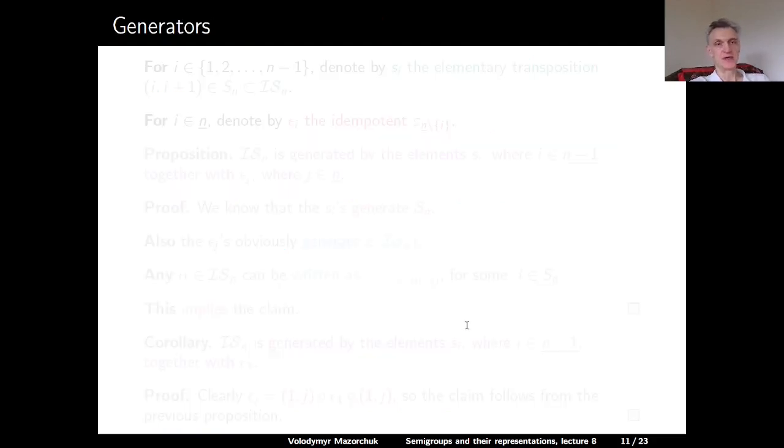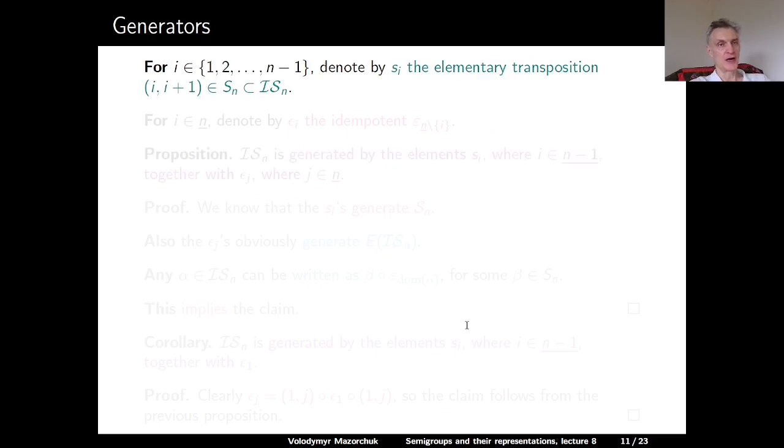Next, let us describe generators. For i between 1 and n-1, let us denote by s_i the elementary transposition which swaps i and i plus 1. That's an element of the symmetric group Sn, and Sn is a subset of ISN.